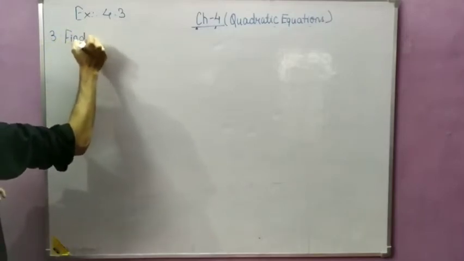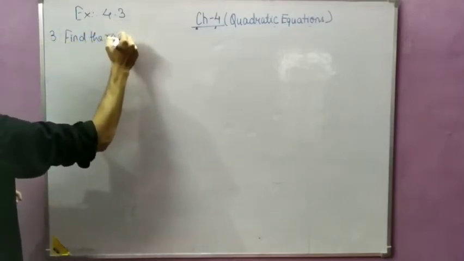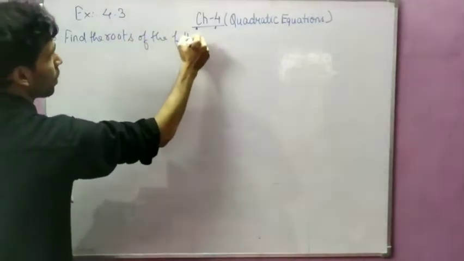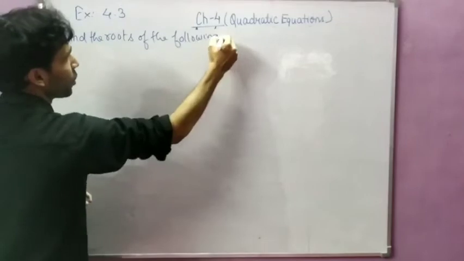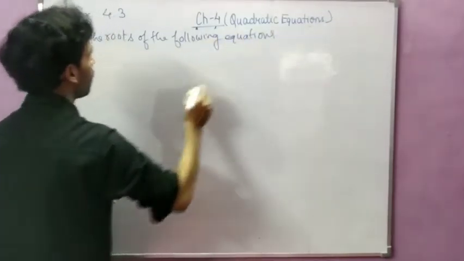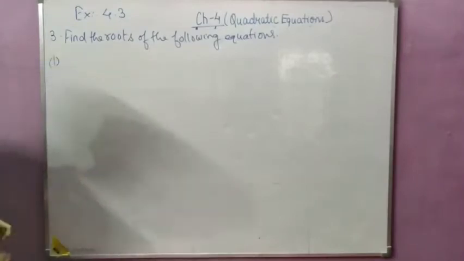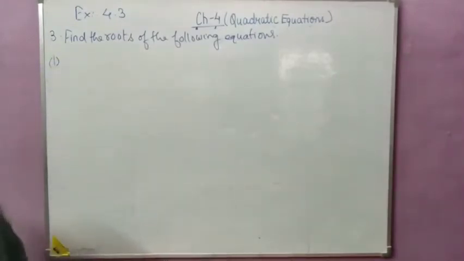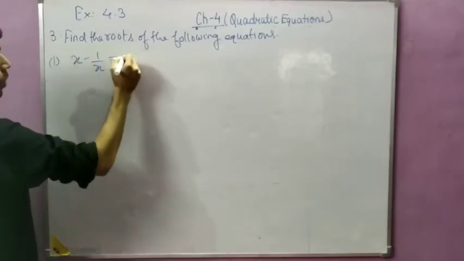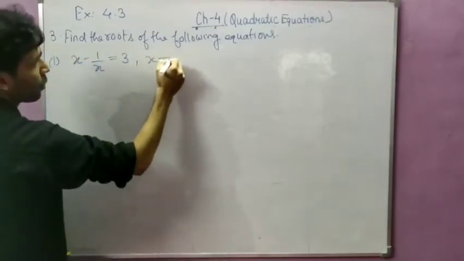Find the roots of the following equations. Now the first part is this: x minus 1 by x equal to 3, where x cannot be 0.